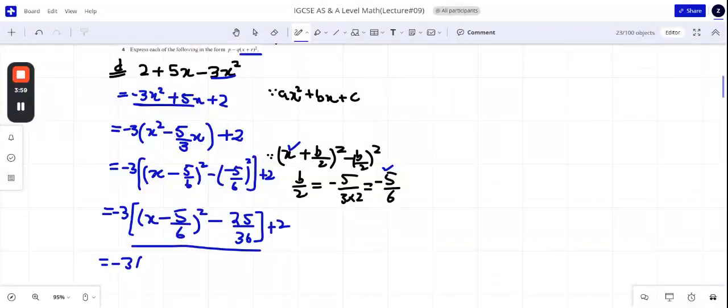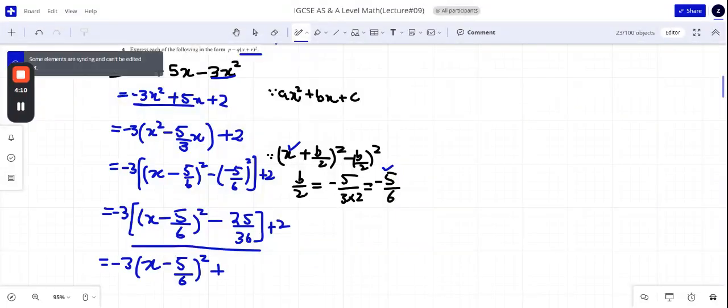So it would be minus 3 into x minus 5 by 6 whole square, then minus minus plus, and 3 multiplied by 25 over 36, and plus 2.